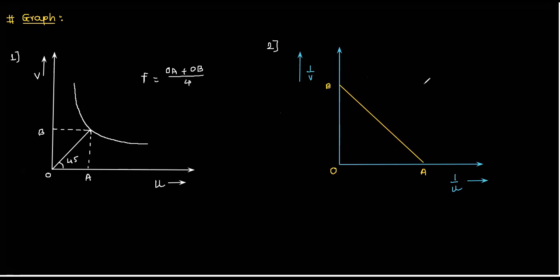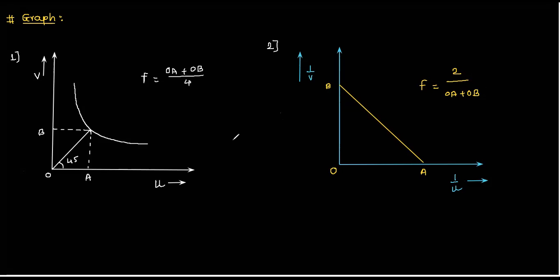If you want to find the focal length from this graph, F is equal to 2 divided by OA plus OB. So from these graphs, we can find out the focal length of the curved mirror. How many graphs have we seen?